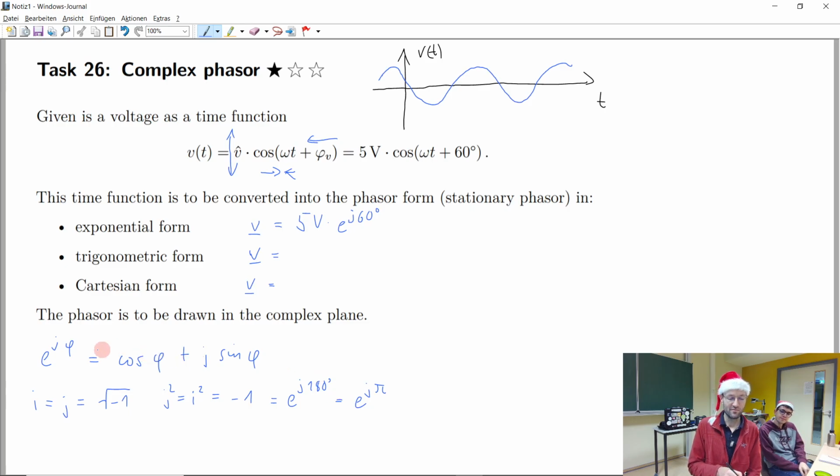Okay, so now we can use this Euler's identity and rewrite our complex phasor from the exponential form into this trigonometric form.